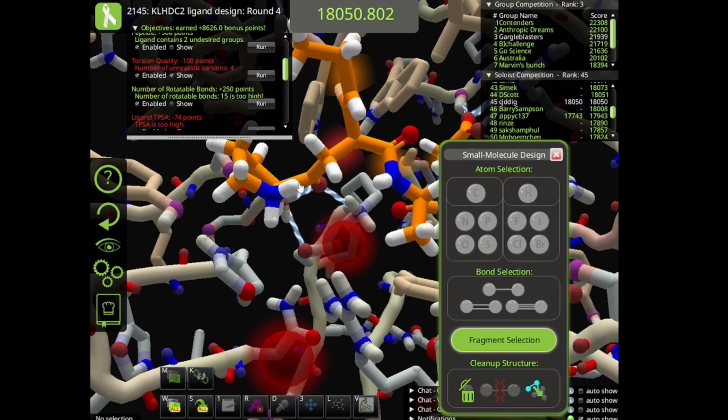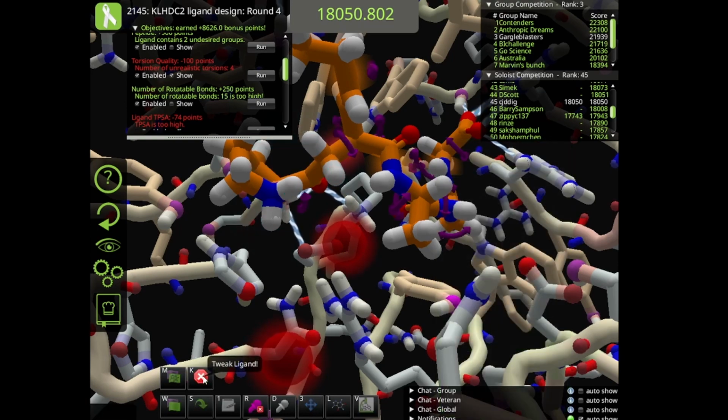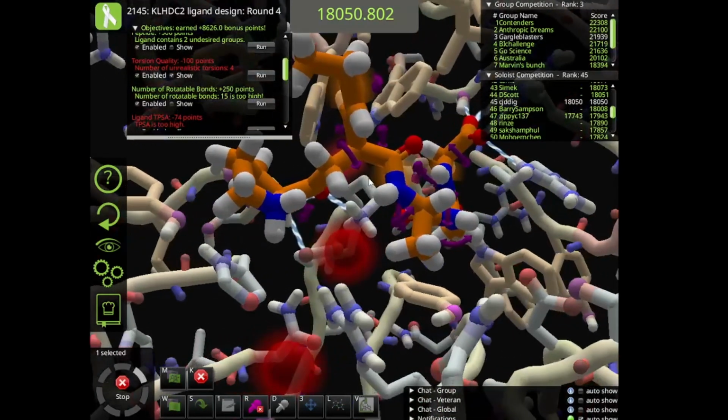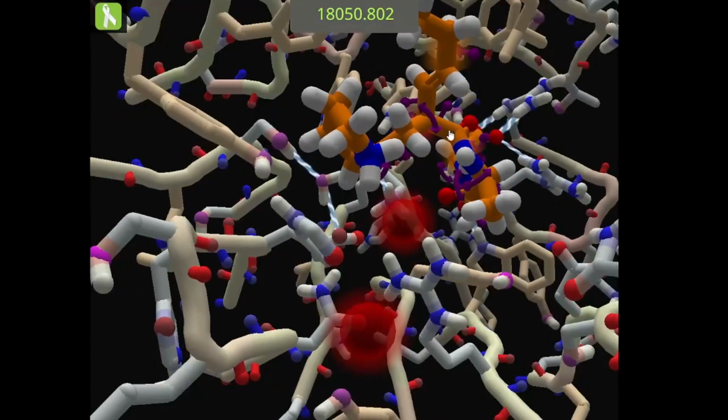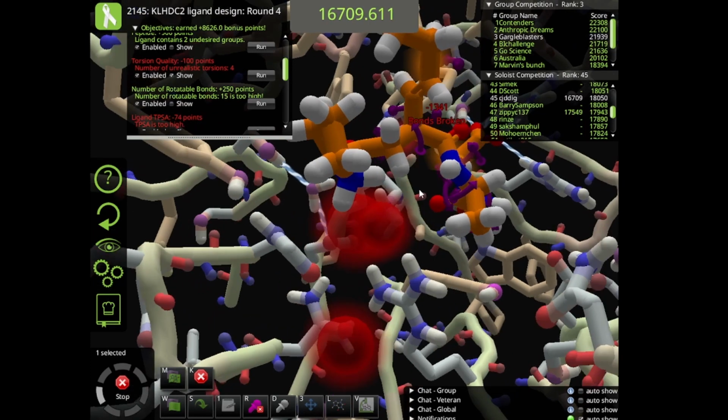Oh, that's right. I will show you how to use the tweak ligand tool. It is similar to tweaking a helix, so you can rotate a bond.